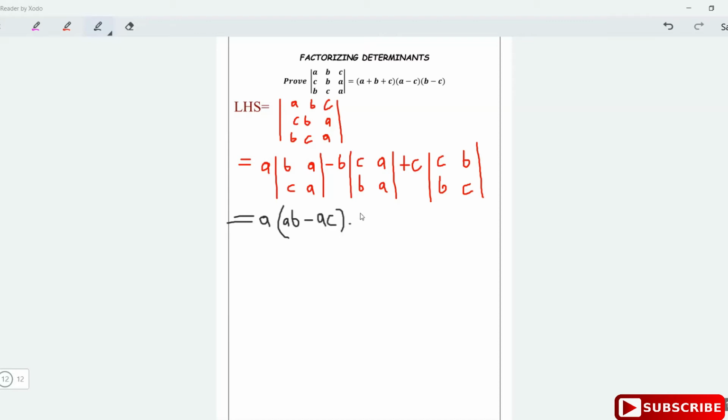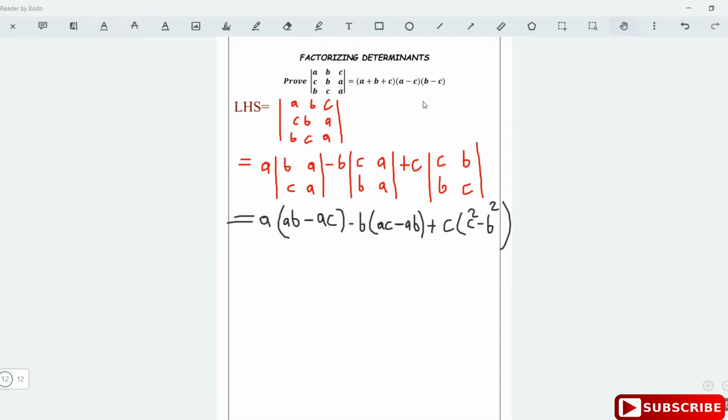Then we get minus B times, in bracket, multiplying them across now, this is now AC minus AB. Okay, that's not bad so far either. Then we get plus C times, in bracket, C times C is C squared minus B squared. Okay, this is not bad at all.